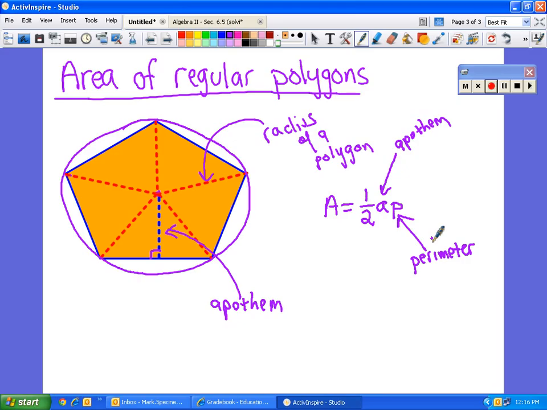So first we're going to have to figure out these two things, or sometimes they'll give us some of the information, and sometimes they won't. How would you find that? Sometimes it'll be given, sometimes we're going to go over how to figure it out.